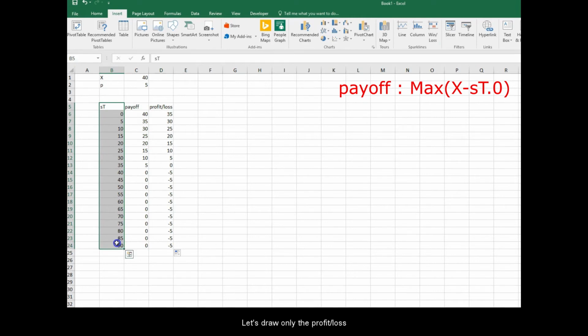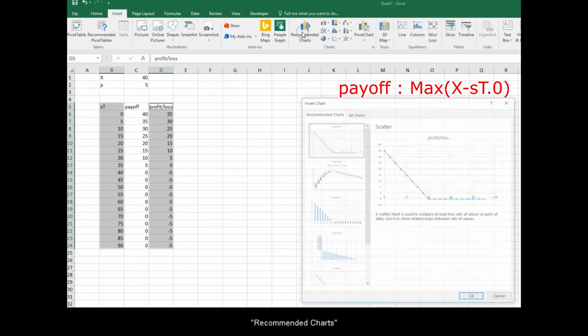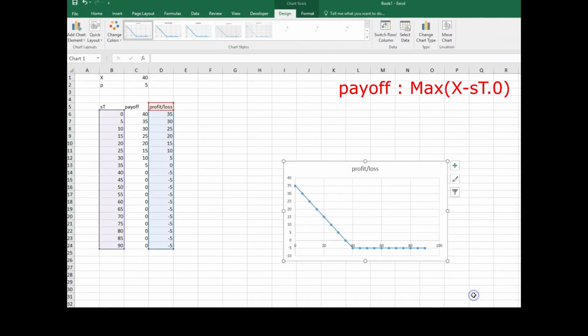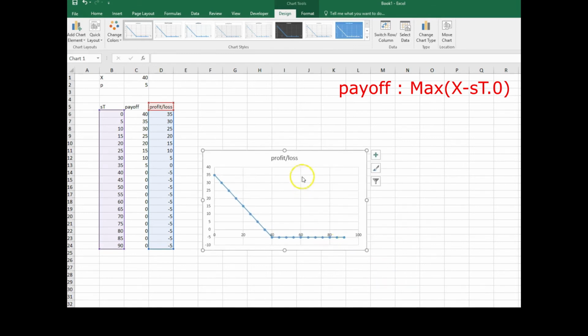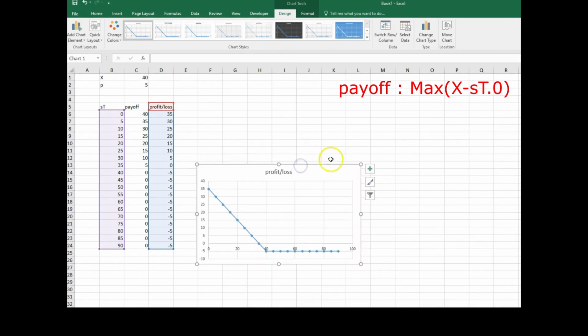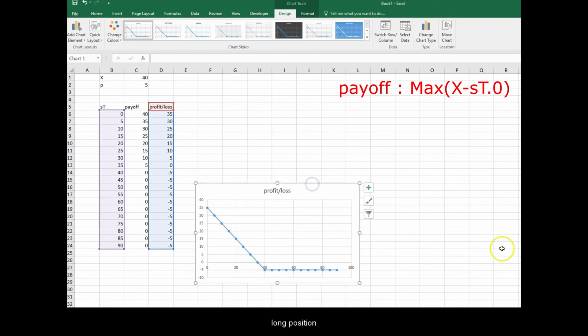Let's only show the profit loss. Highlight terminal stock price, profit loss, hold the Control key, recommended charts. So this is our profit loss function for the put option long position.